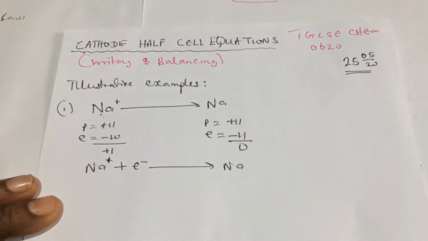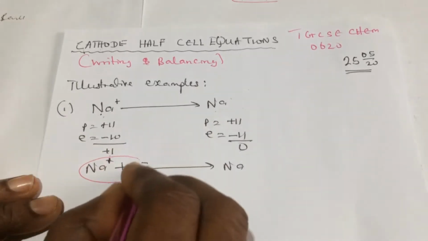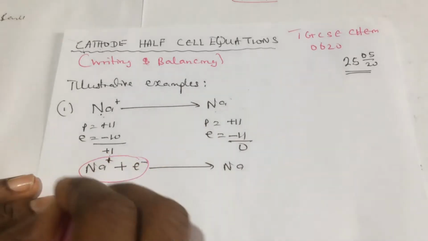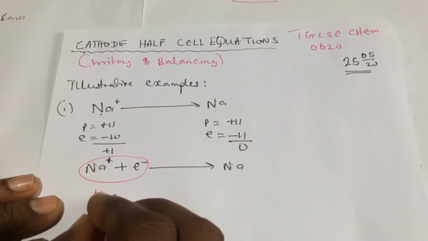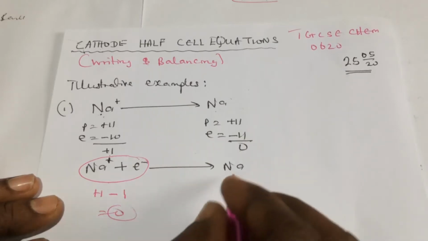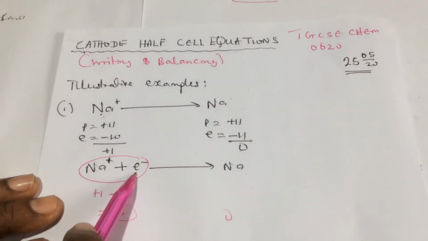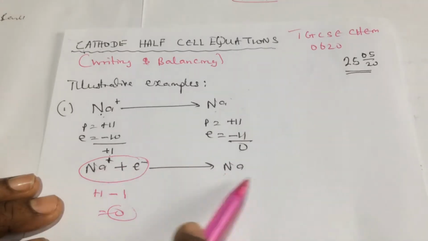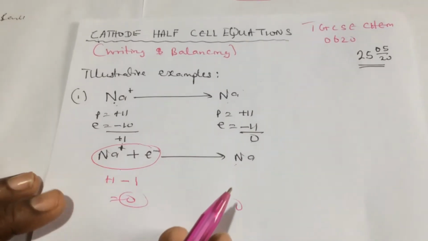Now if you look at this side, the charge for sodium is plus 1, the electron is minus 1, right? That gives you 0. Here is 0. So the left hand side charge and the right hand side charge are now the same, 0 and 0.